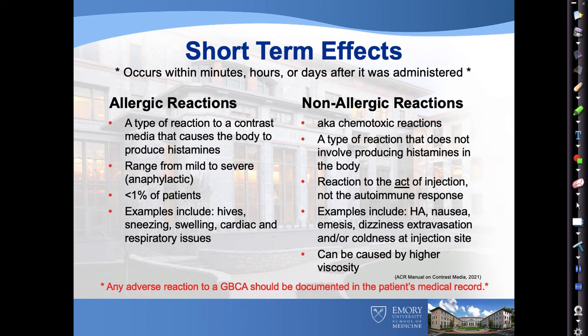Examples include headache, nausea, emesis, dizziness, extravasation, and even coolness at the injection site. This can be caused by higher viscosity agents. And I put down here as a reminder to our MR techs that any adverse reaction to a gadolinium-based contrast agent should be documented in the patient's medical record.